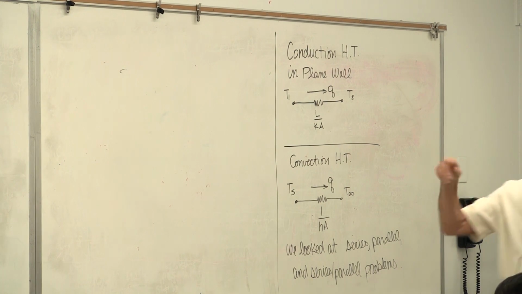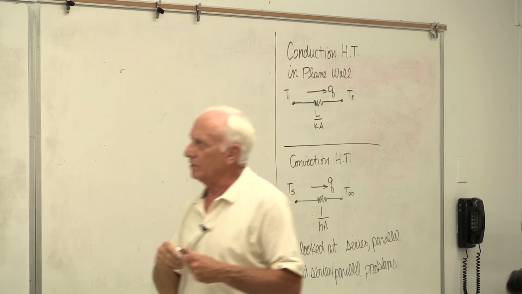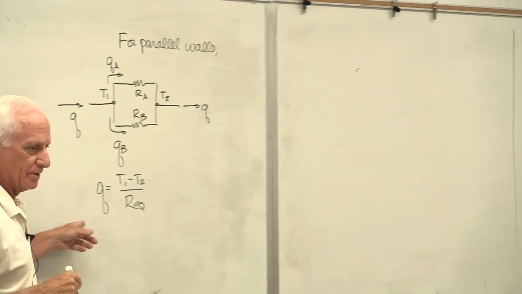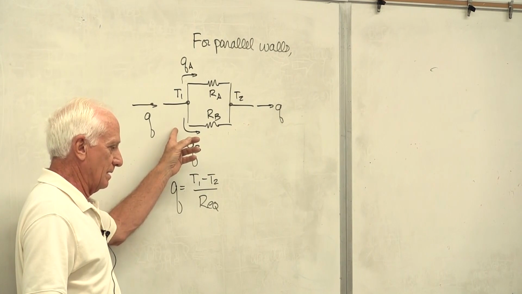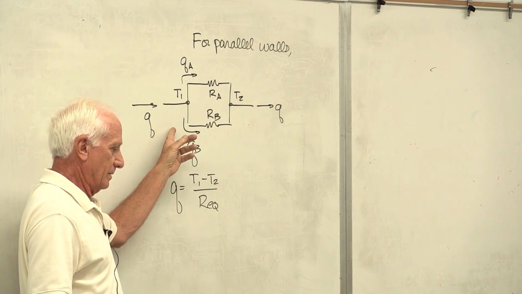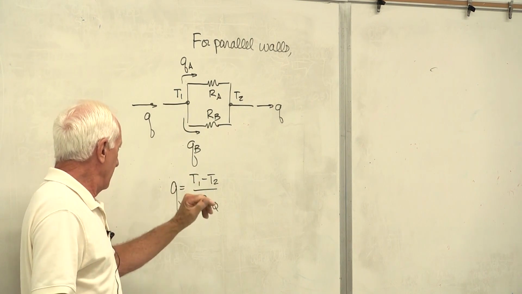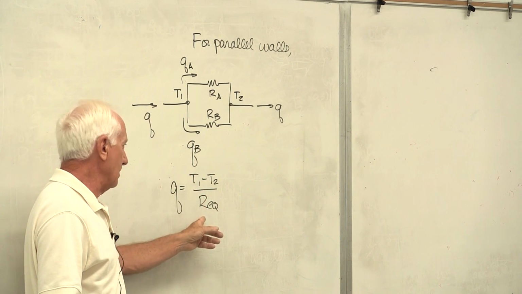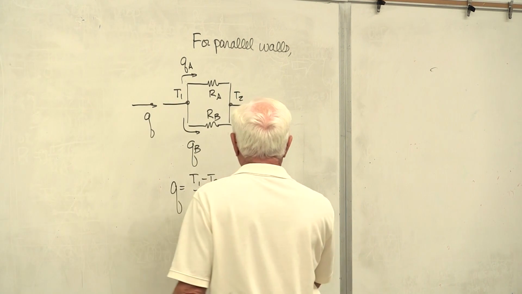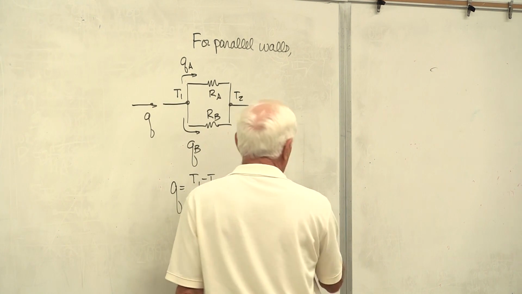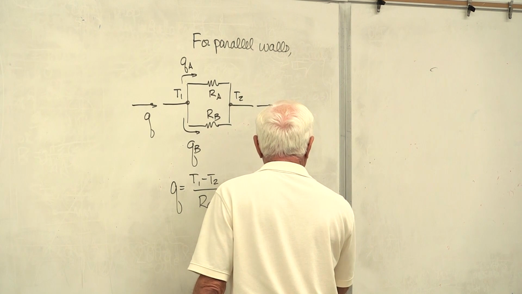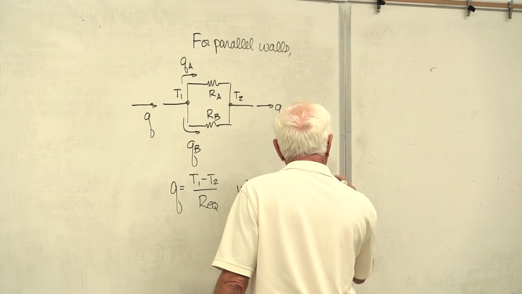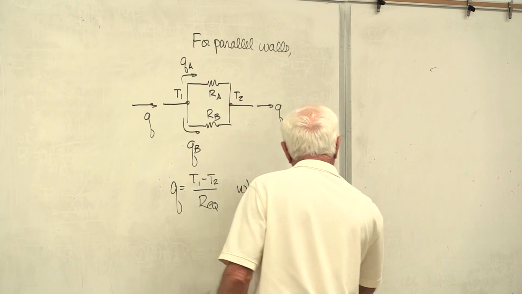The parallel one, I don't think I finished that. Here's the parallel combo. It's in your notes. But I don't think this got in your notes last time, so just make sure it's there. If this is a parallel combination of resistances, RA and RB, then the way you find the heat rate Q is T1 minus T2 divided by R equivalent. From DC circuits, 1 over R equivalent equals 1 over RA plus 1 over RB.